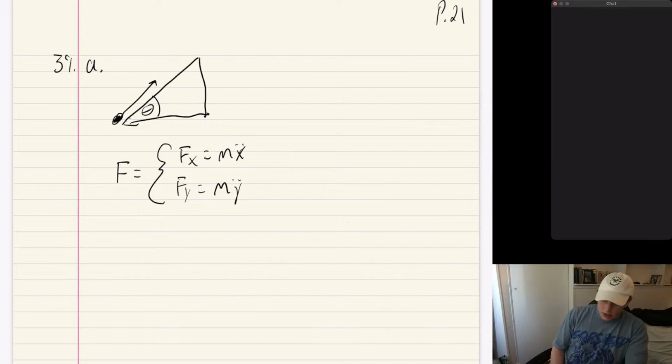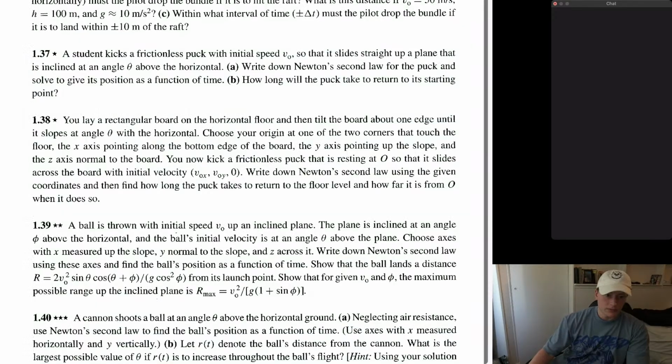Second law for the puck. So what would the acceleration be? Well, it's going upwards. So it would be v0 cosine theta, right? So I think x double dot should be, hold on, let me pull this back up. I think we just know the initial velocity, right?